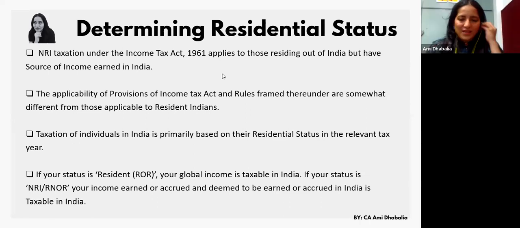Thank you, Pooja, for your kind words. So just to clarify, we'll be discussing determining your residential status, that is your residency test, as well as certain rules in terms of sale or purchase of property in India by foreign residents or non-resident Indians.